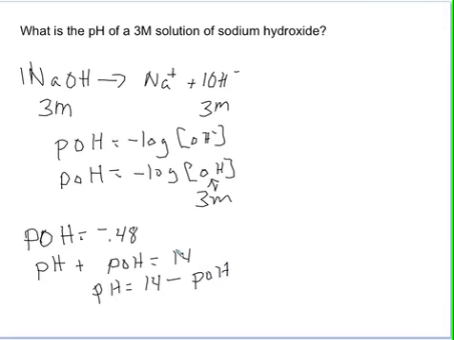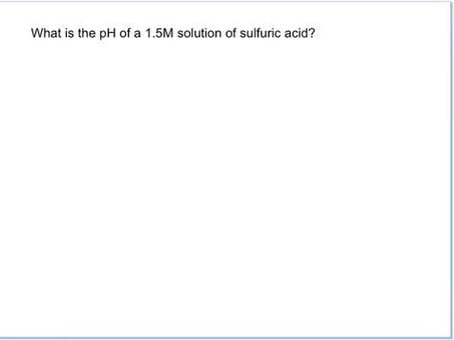So if I take 14 minus a negative 0.48, I get that my pH is equal to 14.48. So that would be very, very basic. And notice again, we might say that the pH scale goes from 0 to 14. Well, that's in general, but actually it can be greater than 14. So let's try another problem here.